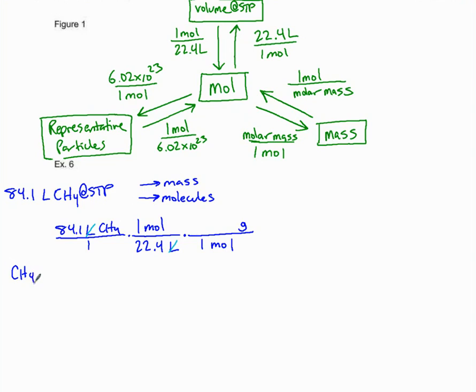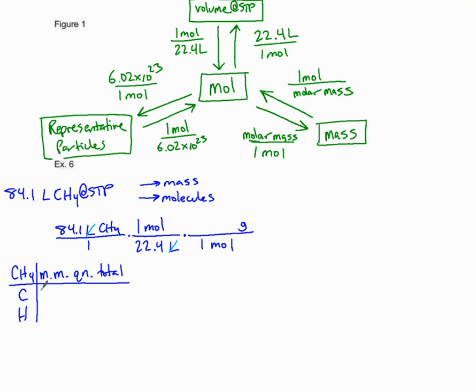So let's set up our table. In the first column, I'm writing my elements. I know there's carbon, I know there's hydrogen. In the second column, it's the molar mass.